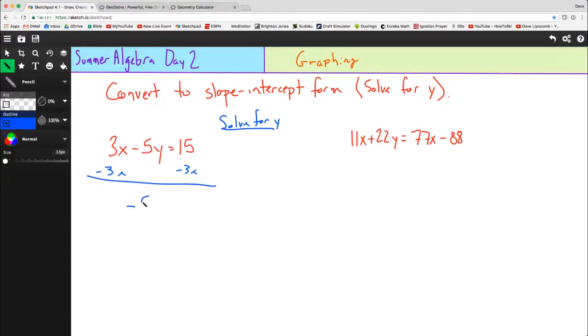So we get negative 5y equals negative 3x plus 15. Now we'll divide everything by negative 5. Remember the key point here. When we divide our right side by negative 5, we have to divide both terms by negative 5.